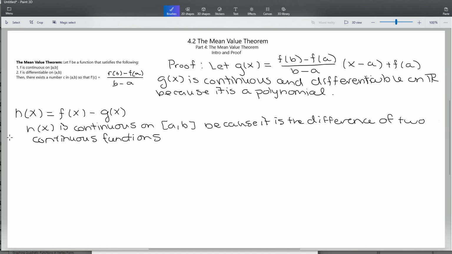This is one of the things that we studied in chapter 2 when we talked about continuity, that the sum and difference of two continuous functions is also continuous.